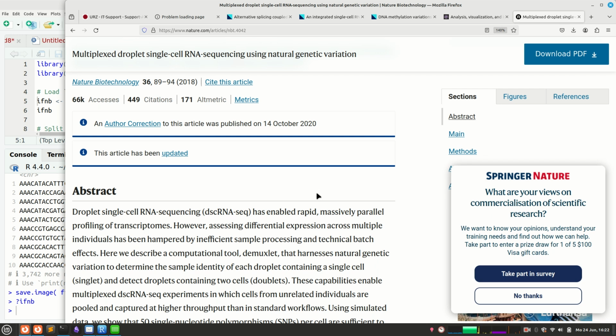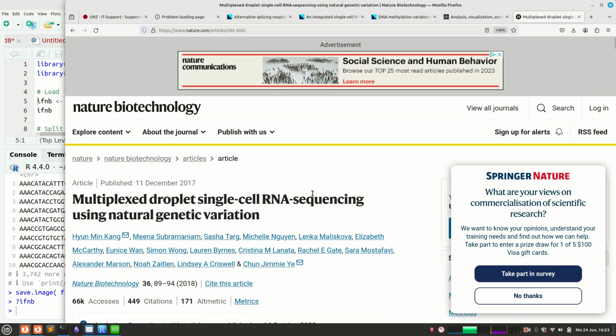That was a bit of the big point of this paper: usually, if you want to be able to tell afterwards which cell is from which subject, you would have to mark the cells somehow so that you can tell them apart afterwards. But they realized that, of course, if the cells are from different subjects, they have different genotypes, they differ in their genetic material, so you will find differences in reads, and so you might just be able to tell whether two cells have been from the same subject or from different subjects by looking at the actual sequence of the reads.